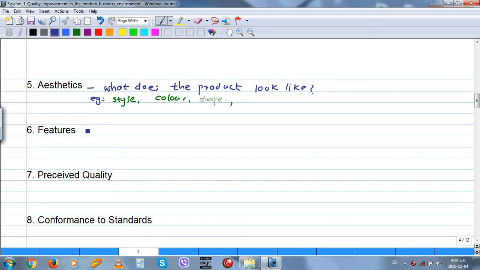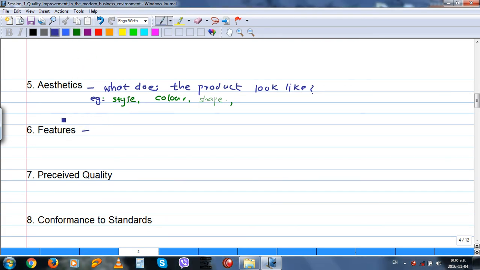The next one is features. Features means, when we are buying a product, we want to know what the product can do.